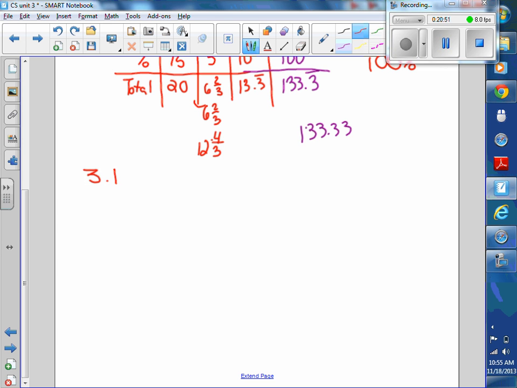Start reading on page 63, and 64. We covered a lot of the reading, but we didn't really talk about markup. So begin reading at the bottom of page 63, just to read about markup. And then you're going to try problem 3.1.